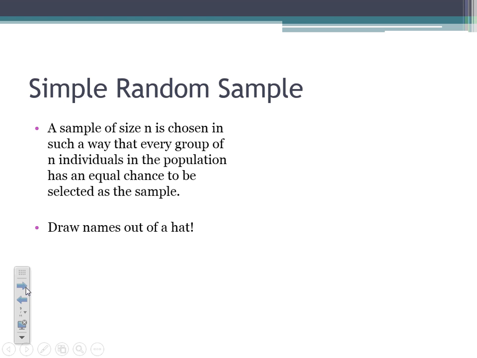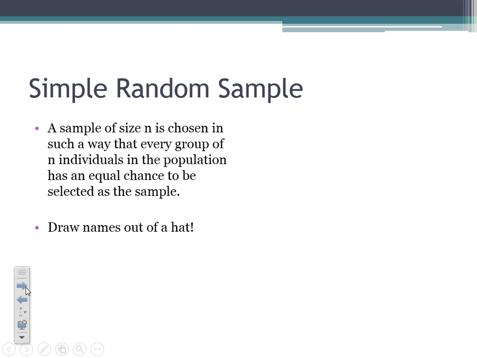I mean, you guys have been involved in all kinds of different simple random samples, I'm sure, over the course of your educational careers, right? Teachers pull names out of a hat. Who's going next, right? Everybody in the hat has an equal chance of being selected. There's no bias involved. You're just pulling names out, okay? And this whole idea of the hat method really holds true even in a larger setting.